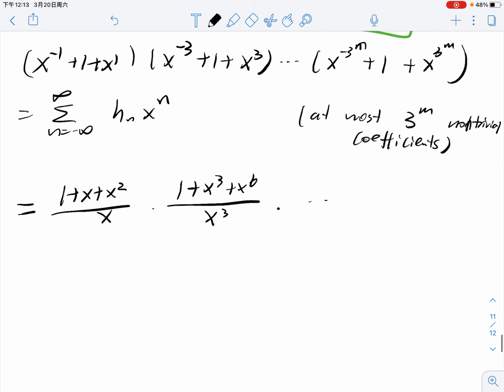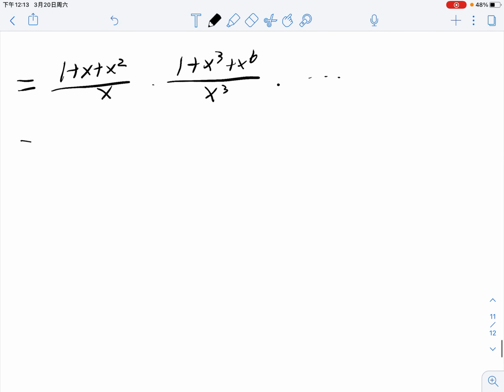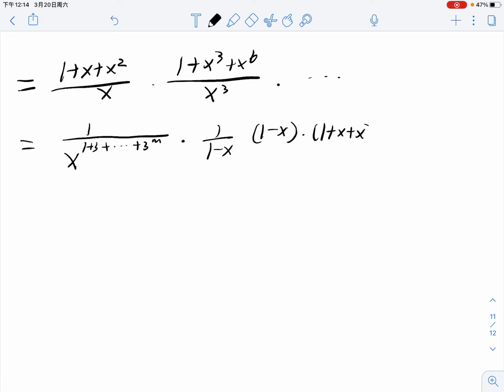If you factor out, you will write it, and if you combine the denominator, you will have x, 1 plus 3 plus all the way to 3 to m's power. And then you multiply by 1 minus x with the 1 plus x squared.